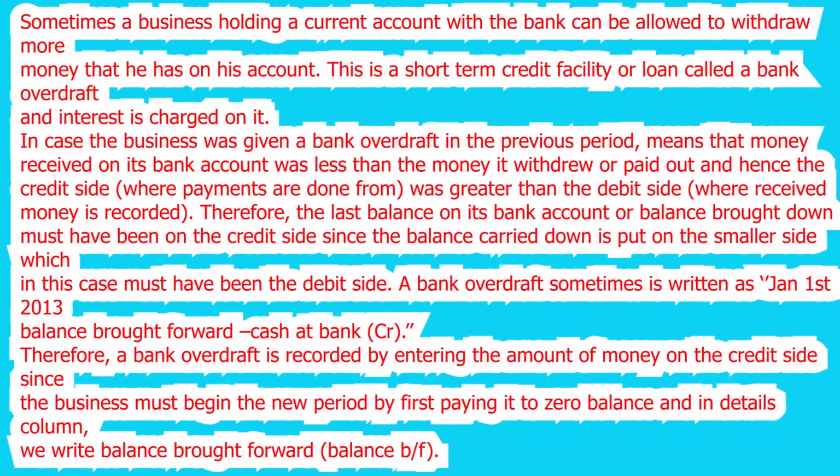Therefore, a bank overdraft is recorded by entering the amount of money on the credit side, since the business must begin the new period by first paying it to zero balance. In the details column, we write balance brought forward, which is balance B/F.